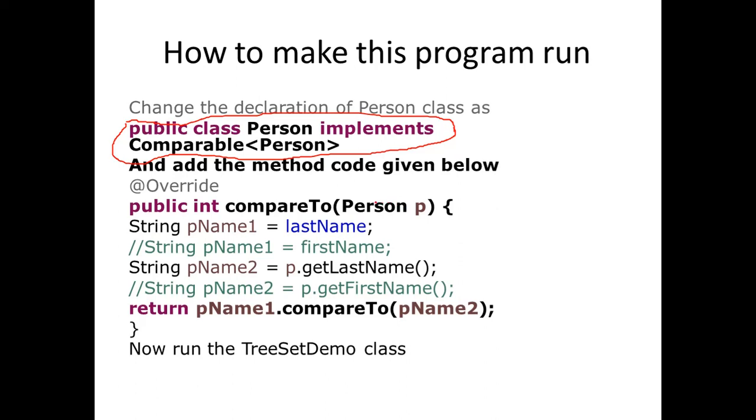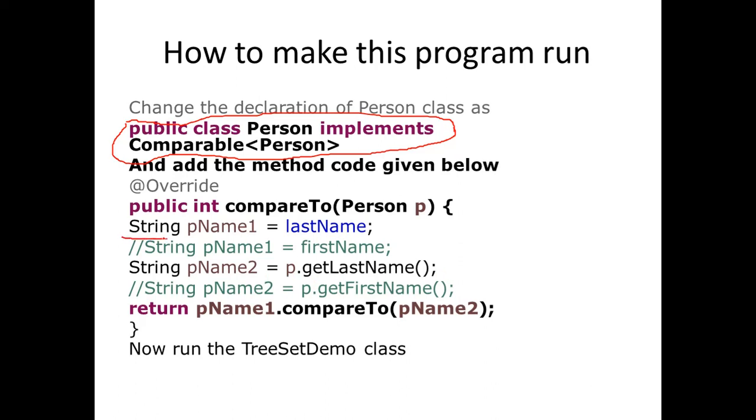Now what does this compareTo method do? It requires one argument which is a Person object reference. Within the method, what have we done? We have said let String pname1 be equal to the last name. Let String pname2 be equal to p.getLastName.